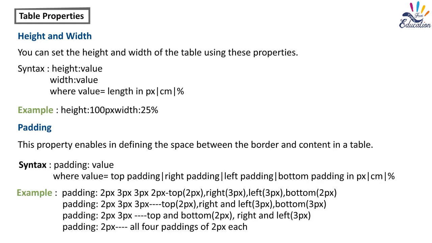Example: padding: 2px 3px 3px 2px, top 2 pixel, right 3 pixel, left 3 pixel, bottom 2 pixel. Padding: 2px 3px 3px, top 2 pixel, right and left 3 pixel, bottom 3 pixel.